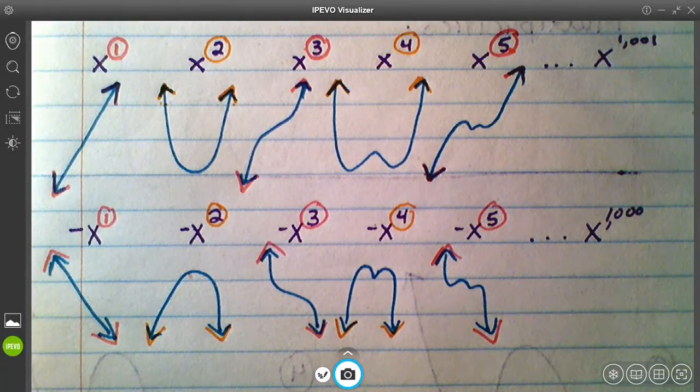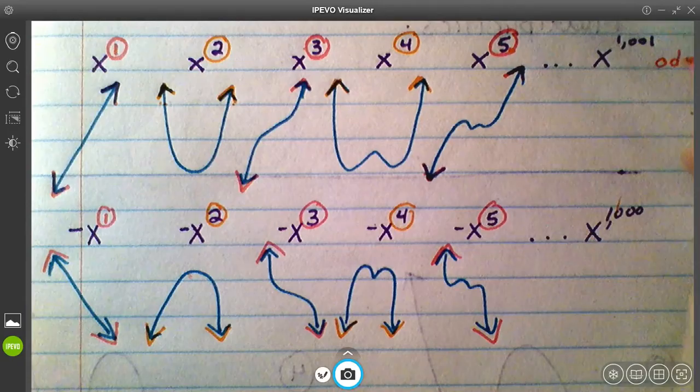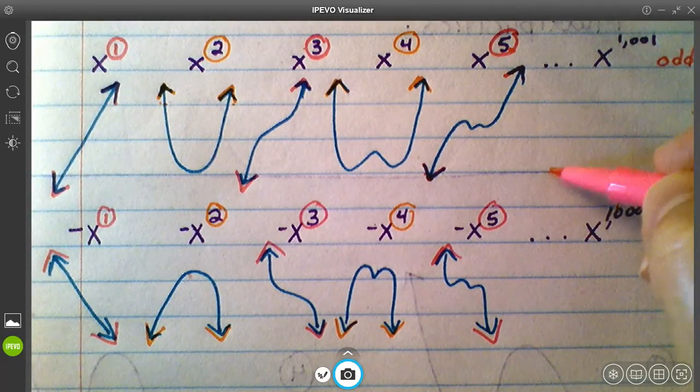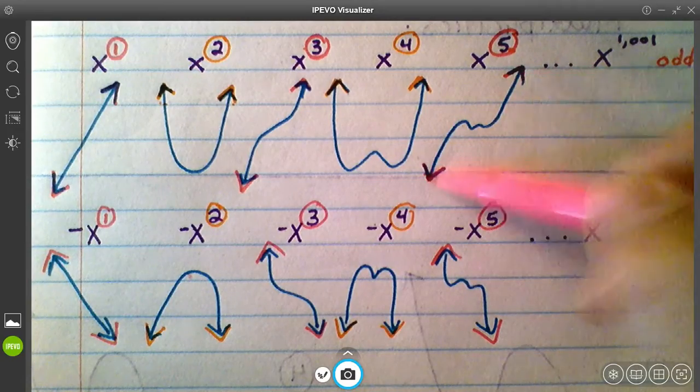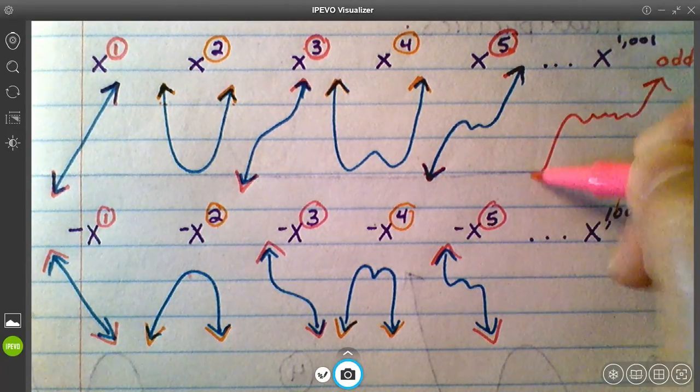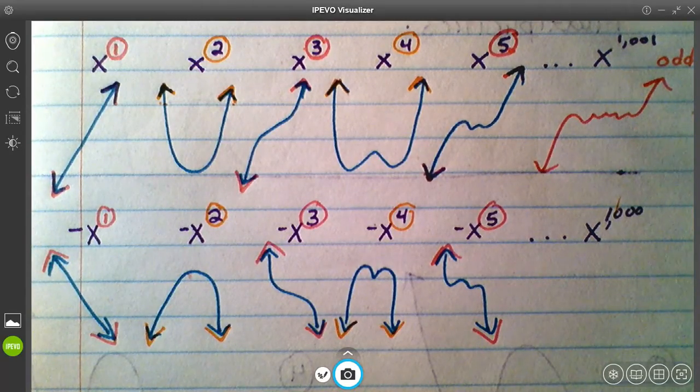Okay? So let's take a look at the ones I wrote on the side. We have x to the 1001. That is an odd. The degree is odd. So I know that that is going to have ends in the opposite direction. So something like that.